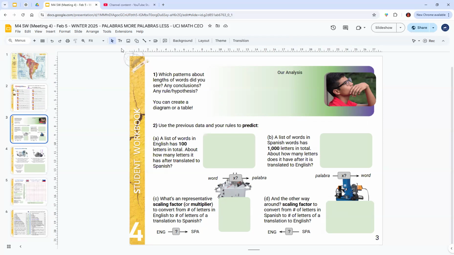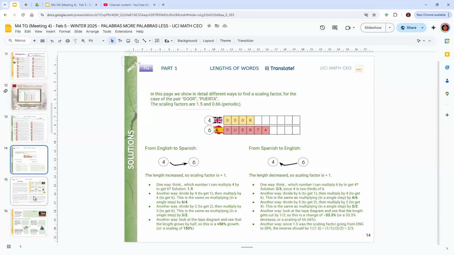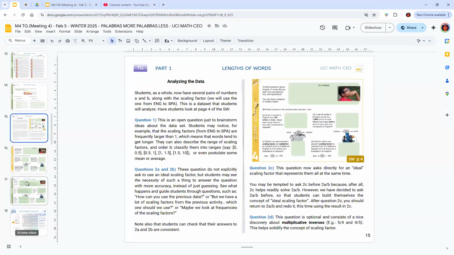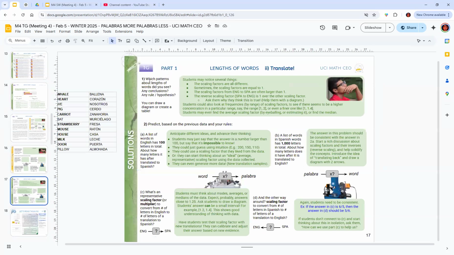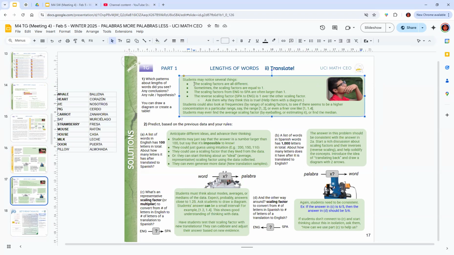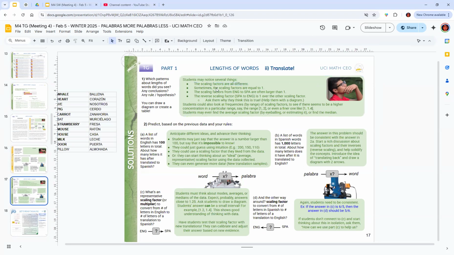So let's take a look quickly at some possible solutions so that you can guide your students in this regard. So for the first part, of course, it's open, so you can anticipate even more than these ones. But for now, you could say that you could see that the scaling factors or growths are all different in general.